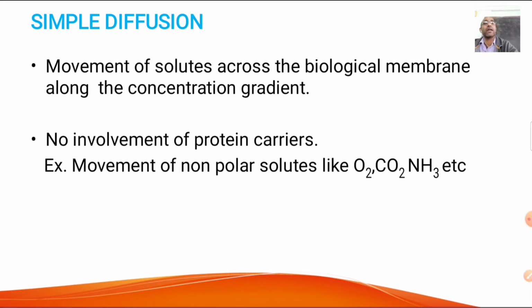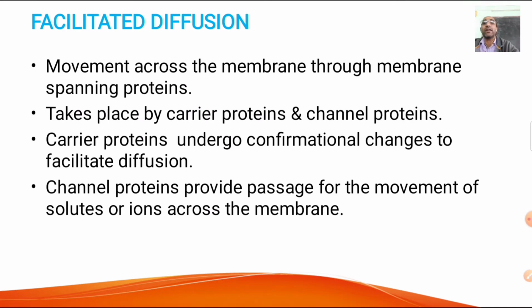Now, come to facilitated diffusion. Here the movement of molecules occurs through membrane spanning proteins. That means they take the help of membrane proteins to move across the membrane. These are called carrier proteins and channel proteins.